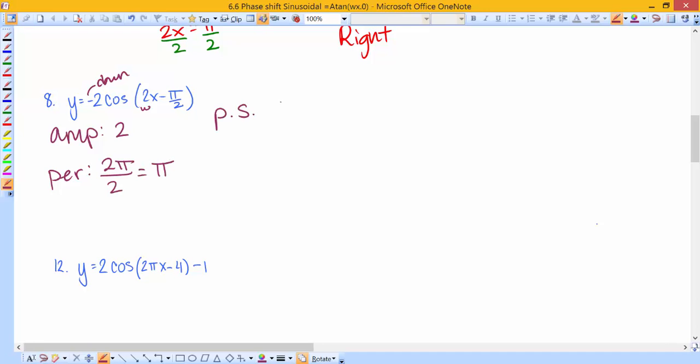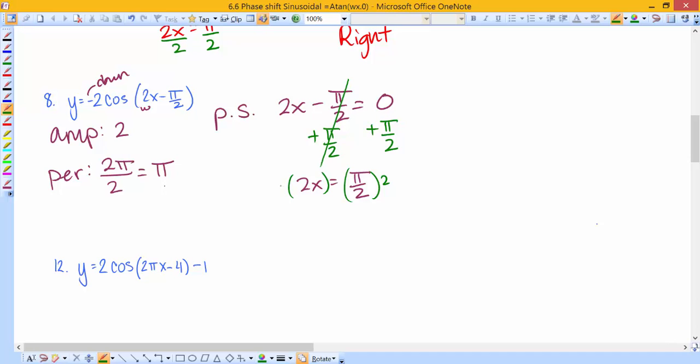Now let's find the phase shift. 2x minus pi over 2 equals 0. I'm going to start by adding pi over 2. So it'll cancel there. 2x equals pi over 2. Now there's two ways you can do this. You can multiply by 2 to get rid of your fraction first. I know some of you really dislike working with fractions, so that'll cancel.